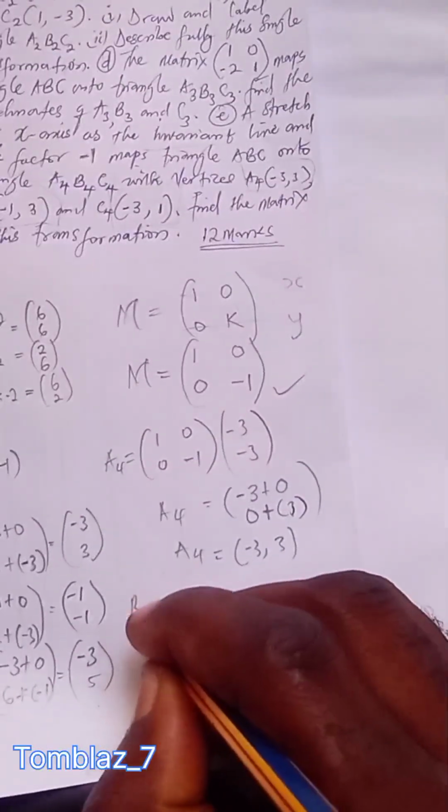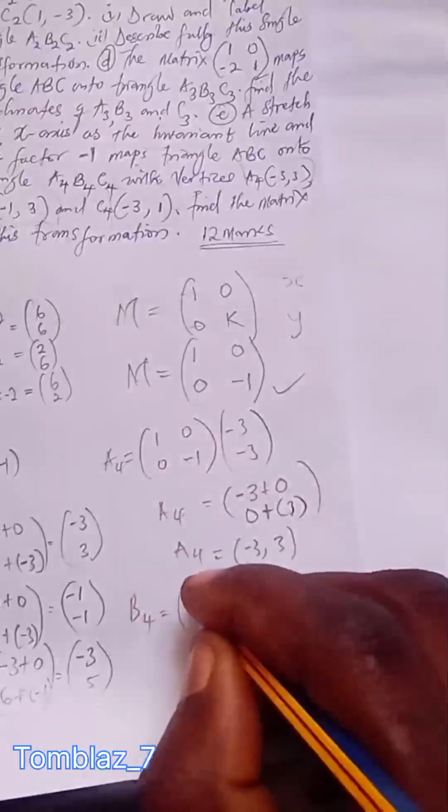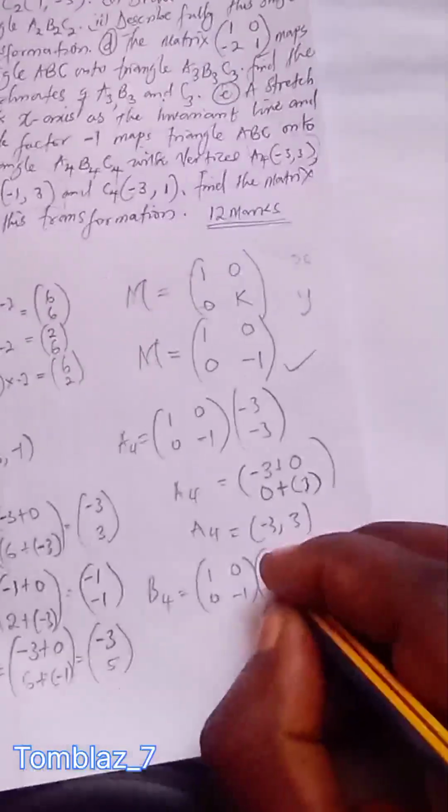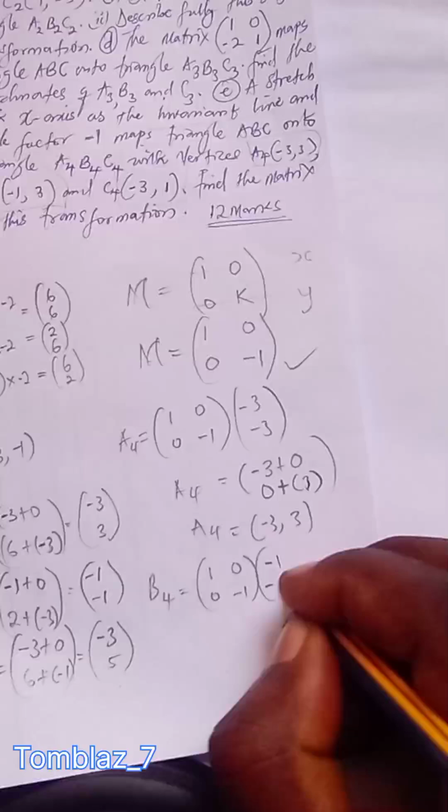You can also check B. I'm looking for B4 now. So I'm using the matrix of transformation and then the original coordinate of B, which is this, -1, -3.